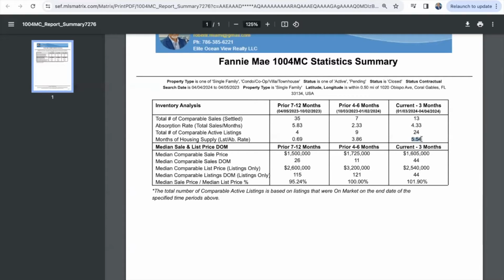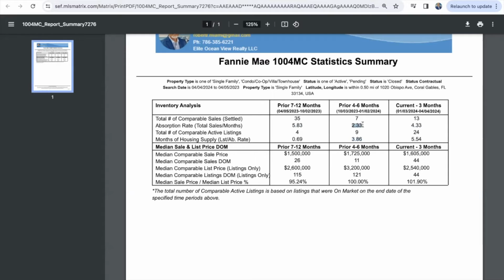Well, where were we a year ago? A year ago, we had less than 1 month of inventory. We only had 4 active listings, and we were selling 5.8 properties per month. So a year ago, we were in a seller's market. 3 months ago, from October 3rd through January 2nd, we jumped up to almost 4 months of inventory.